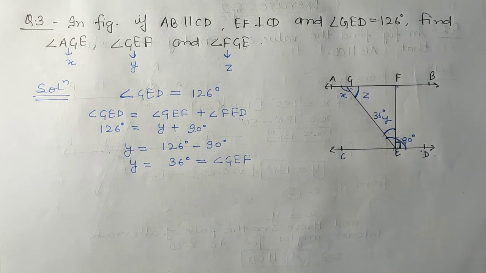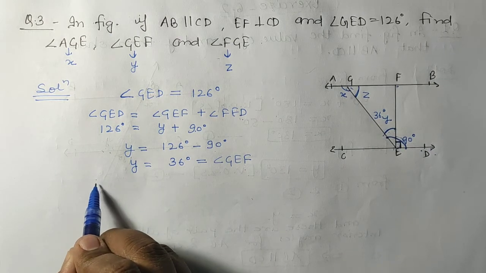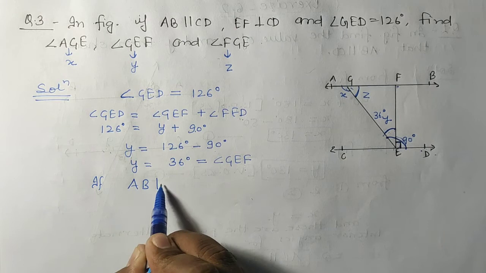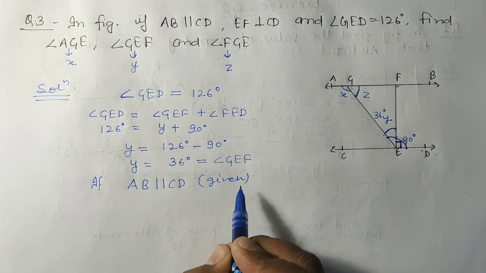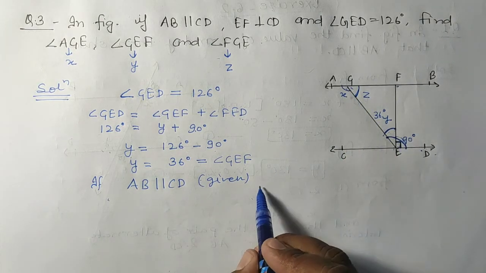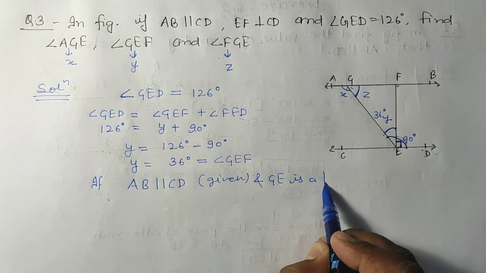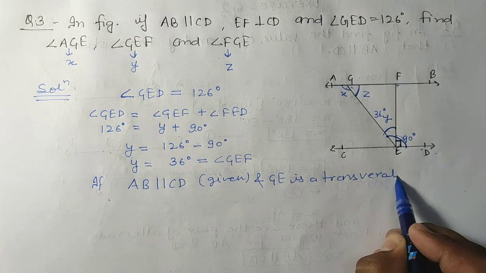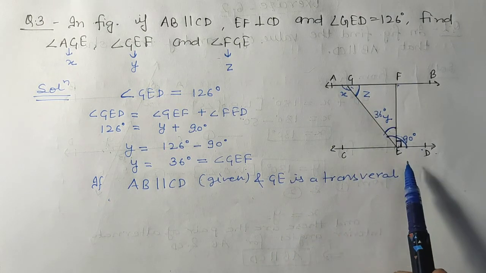How will we find it? So see students, it is given that AB is parallel to CD. If AB is parallel to CD and GE is a transversal, you can see that GE is intersecting both of the lines AB and CD.